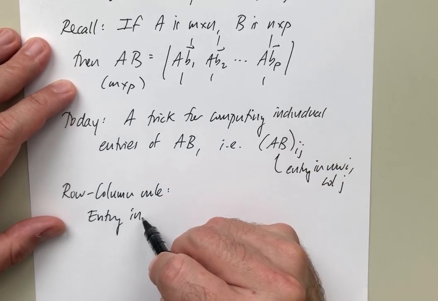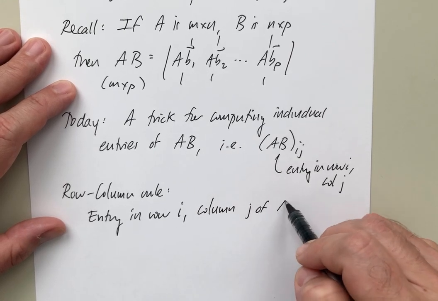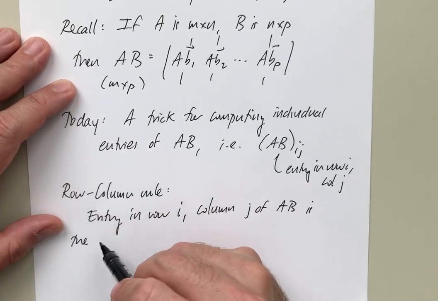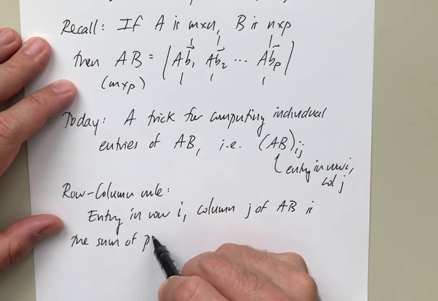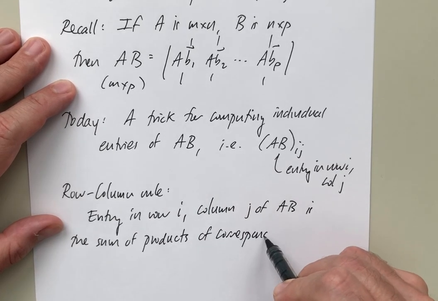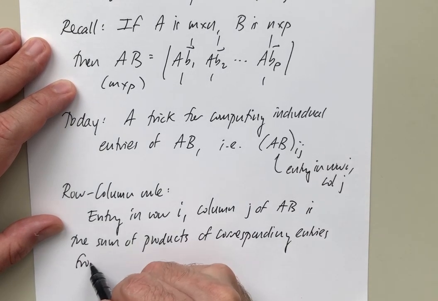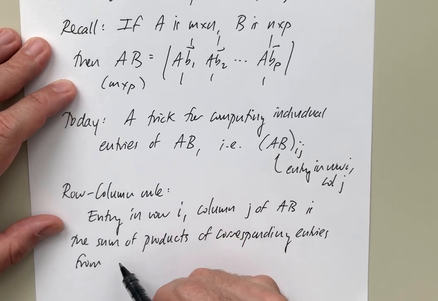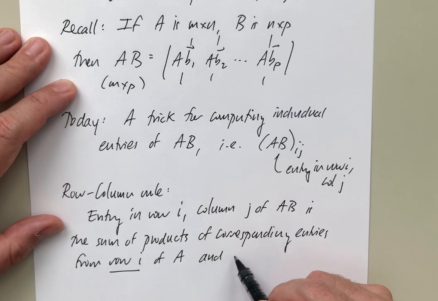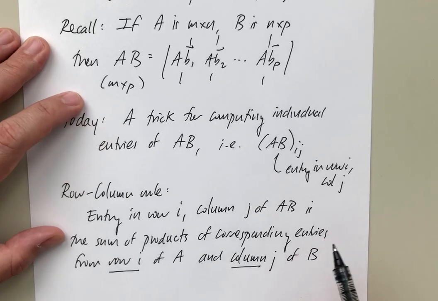So write this down in words, and we'll see this in a formula, and then we'll do an example. The entry in row i, column j of the matrix AB is, it's a mouthful again, the sum of the products of the corresponding entries from, and here's why it's row-column, first from row i of A and column j of B. That's a mouthful.